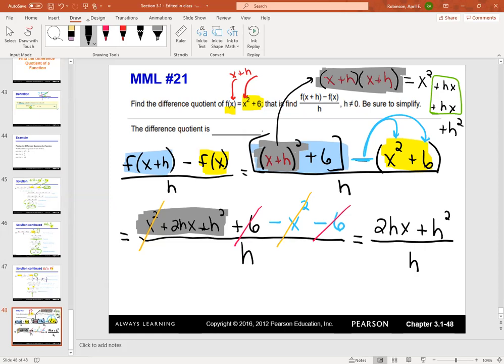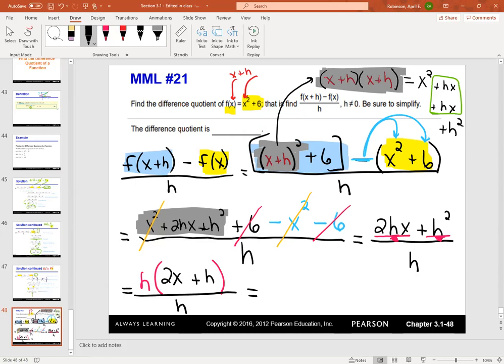And then you can factor out the h from the numerator, because both terms in the numerator, this 2hx has an h, and my h squared has at least one h. So I can pull that h out, leaving me with a 2x plus the other h, all over an h.